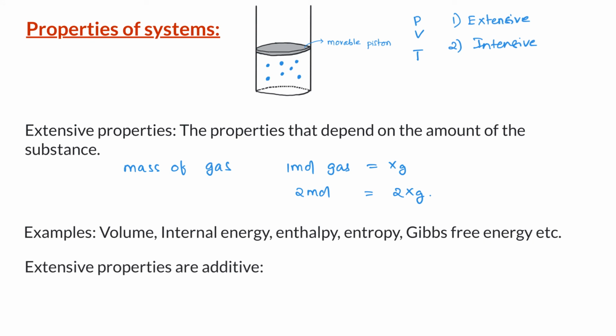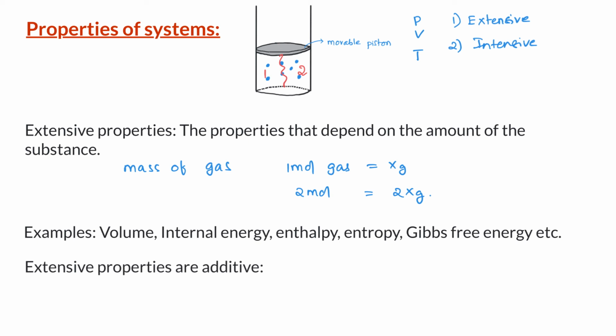The extensive properties are additive in nature. That is, if we break a system into two parts, for any extensive property, the property of part 1 of the system plus the property of part 2 of the system gives the total property of the system.